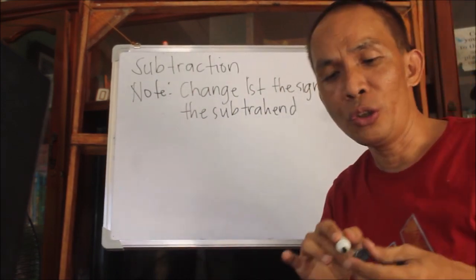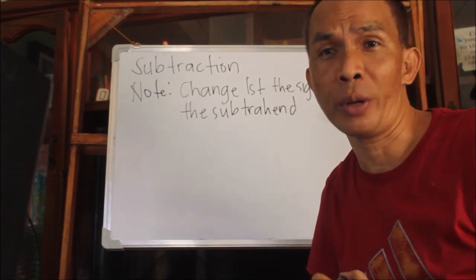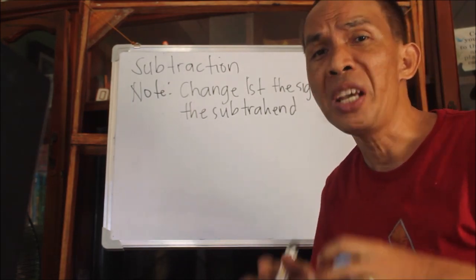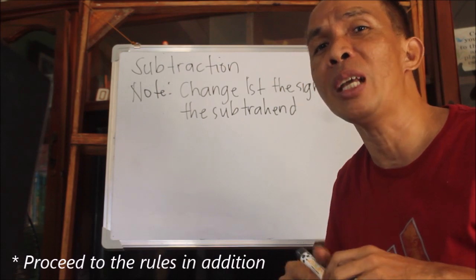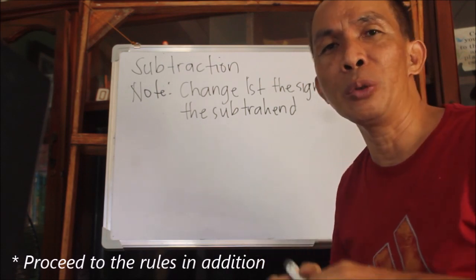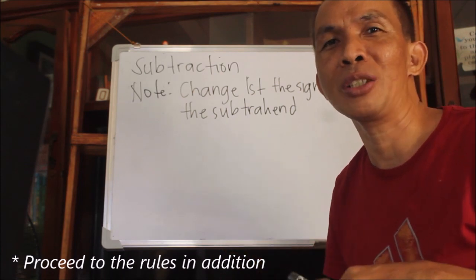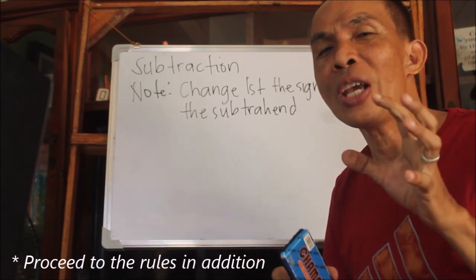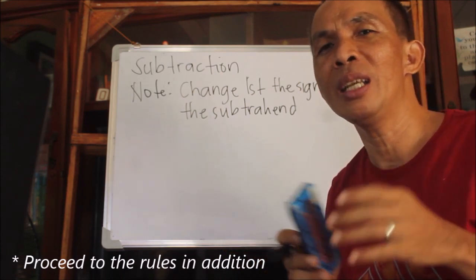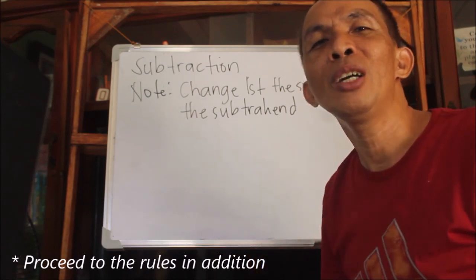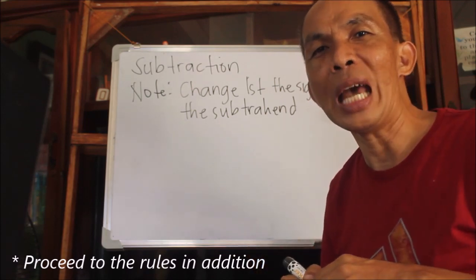Take note, you have to change first the sign of the subtrahend. This is very important. And after you change the sign of the subtrahend, you may now go back to the rules in addition. And that's the rule in subtraction. Again, change first the sign of the subtrahend and then go back to the rules in addition.